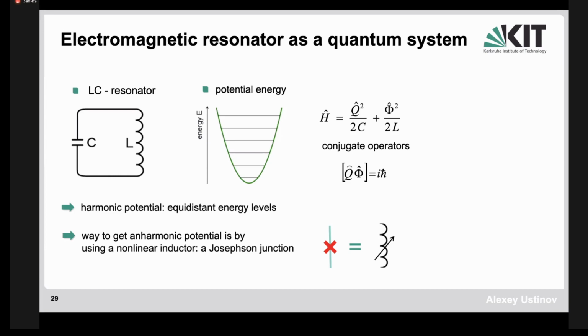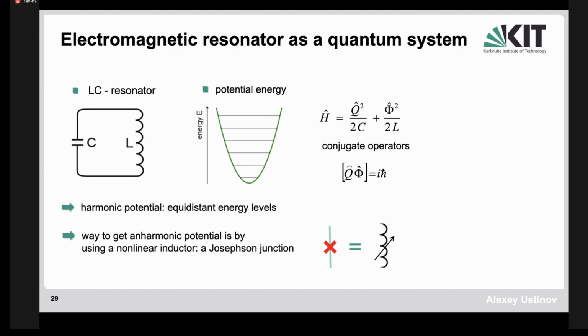If you quantize the system, we have quantized energy levels, which are all equidistant. Now, remember what we need for quantum computing. We need two-level systems. It means that we need two levels with some energy separation which is unique, not coinciding with the energy separations to other levels.